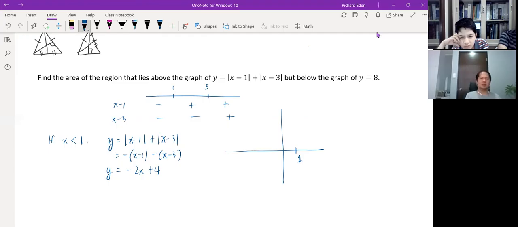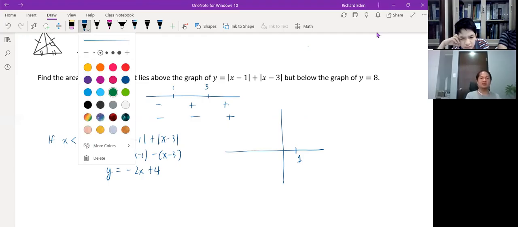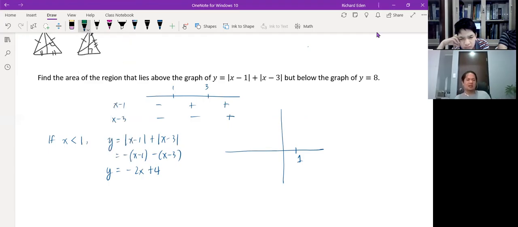So we can determine how its graph looks like. Well, it's a line. When x is 1, we get 2, and when x is 0, it's 4. So that is the look of y equals negative 2x plus 4.